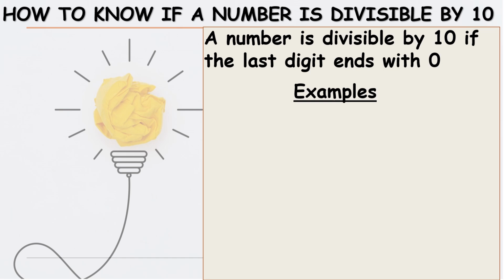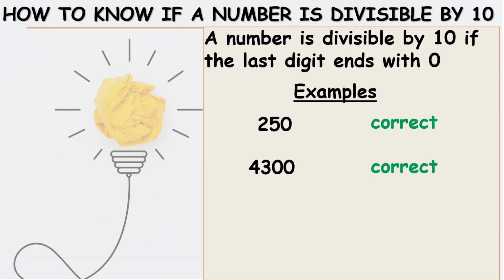So we'll look at examples. 250, does it end with 0? Definitely. So we know that 250 is divisible by 10. Let's look at the next number, 4,300. It ends with a 0. Therefore, 4,300 is divisible by 10.